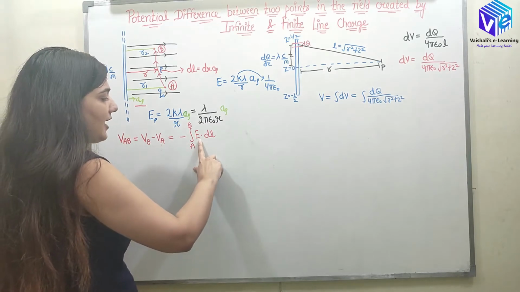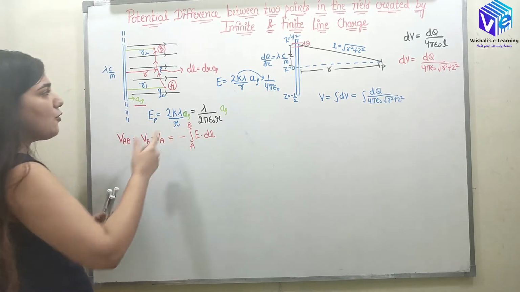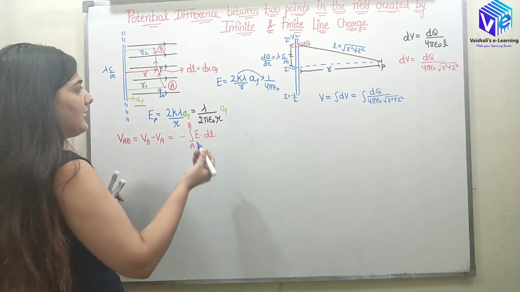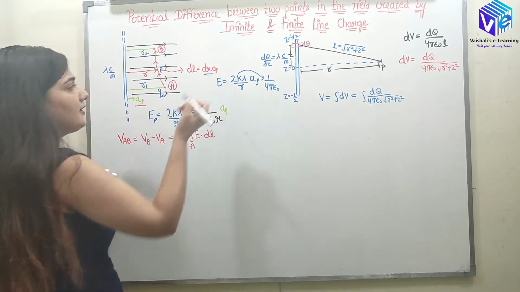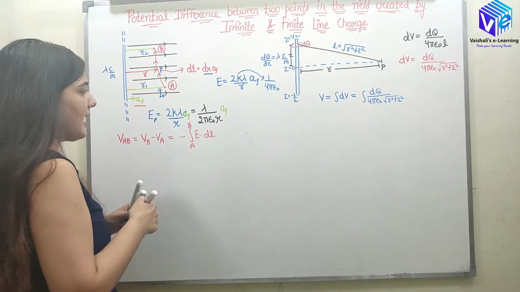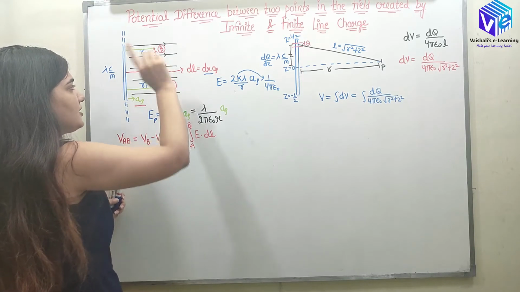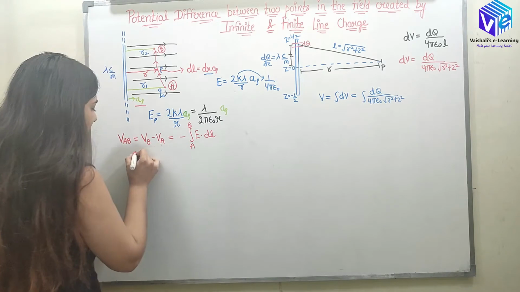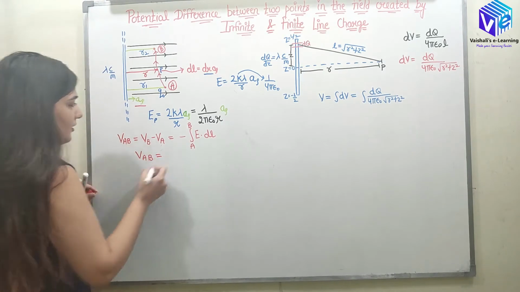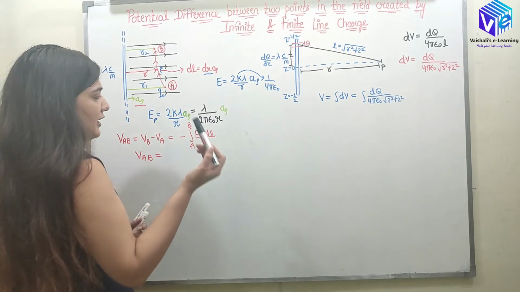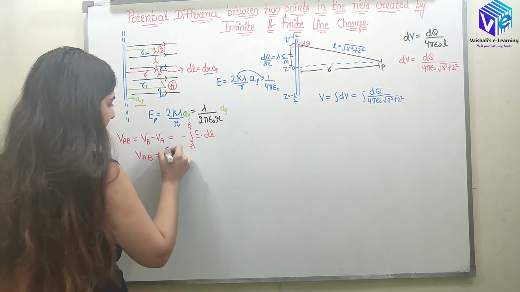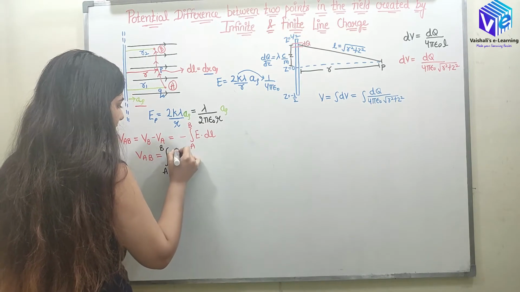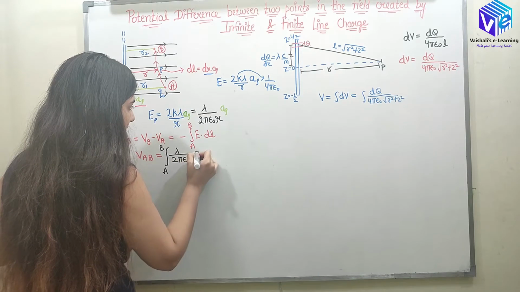Here I know what E is. Now for dl, dl will be dr in the unit vector direction. So this is my dl; I am moving from this point to this point. So now let's take VAB, and we will put in the value of E and the value of dl.